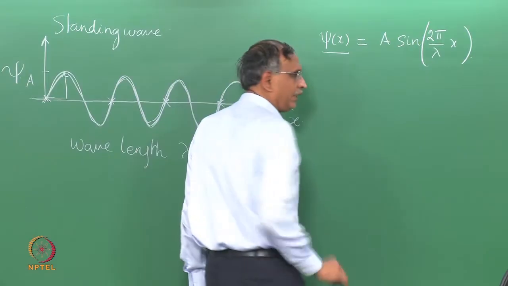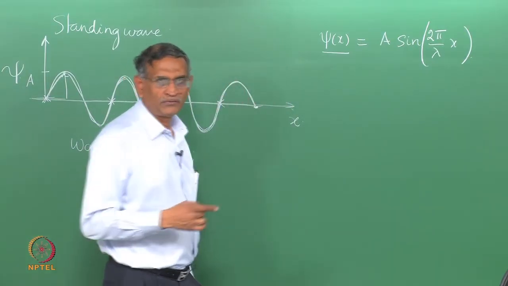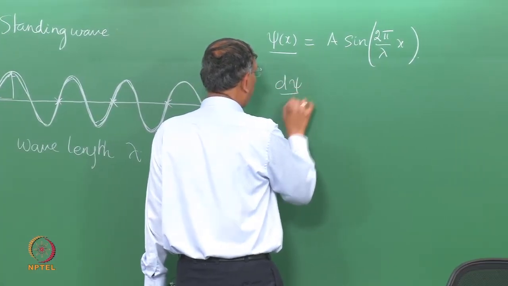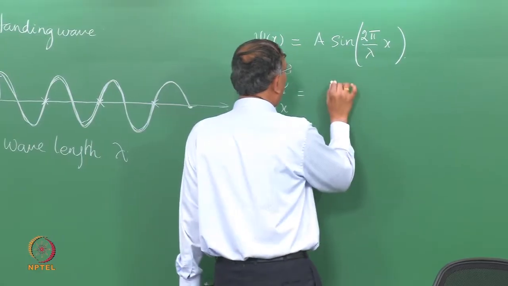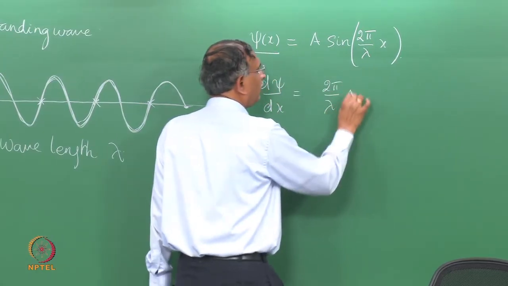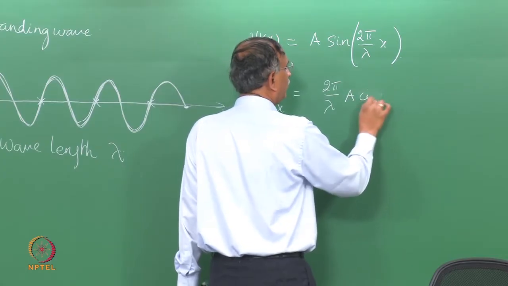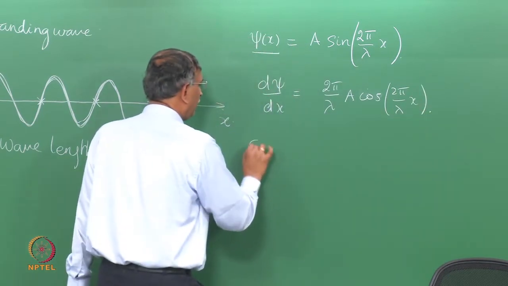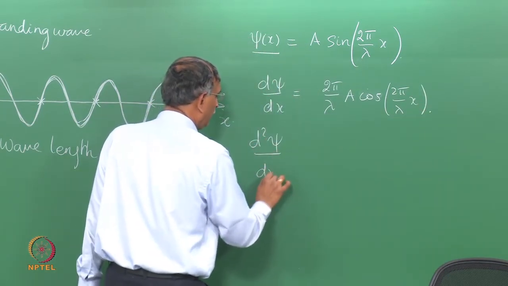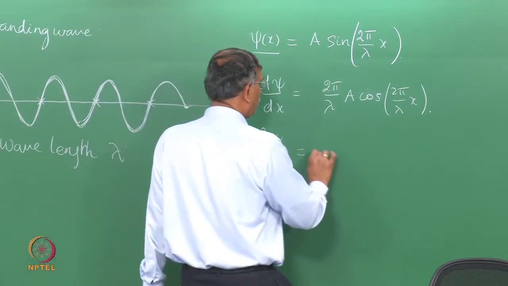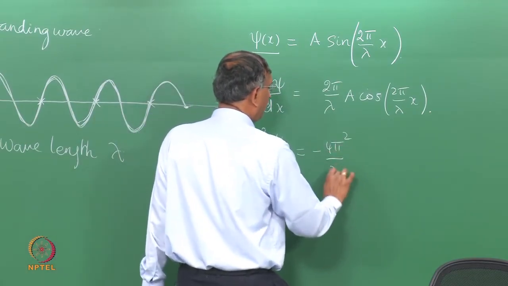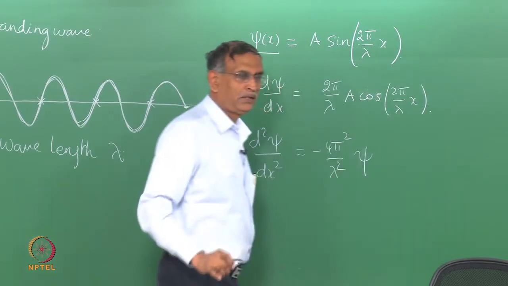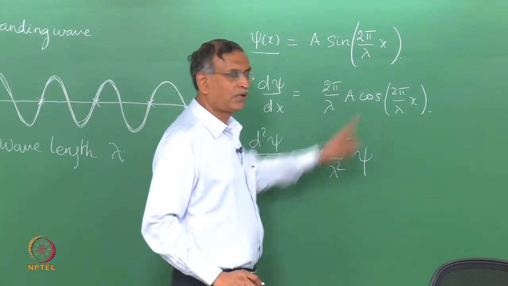Now, this quantity psi, when you differentiate twice, it satisfies the derivative equation. Let us do that for the first derivative d psi by dx as 2 pi by lambda times A cos 2 pi by lambda x, and the second derivative d square psi by dx square is equal to minus 4 pi square by lambda square psi of x, because this will become sine 2 pi by lambda of x, and that is the same thing as psi of x.